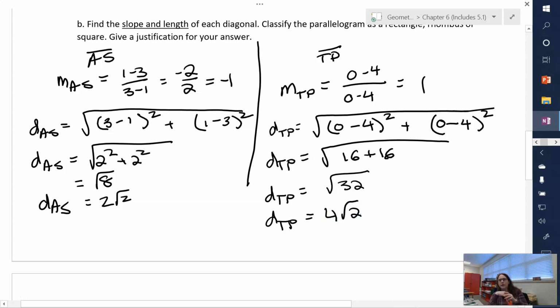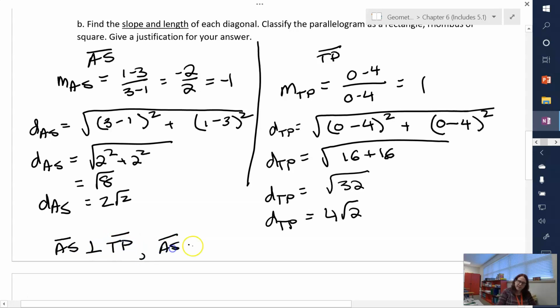So notice those diagonals are not congruent. So this is not a rectangle. I do have perpendicular because the slope of AS is -1 and of TP is +1. So if I do a flip and switch, that works. So I have line segment AS is perpendicular to line segment TP.